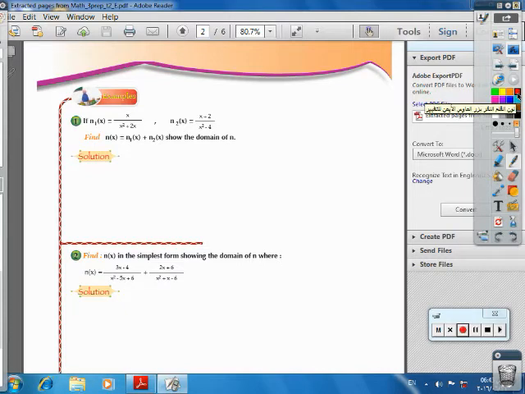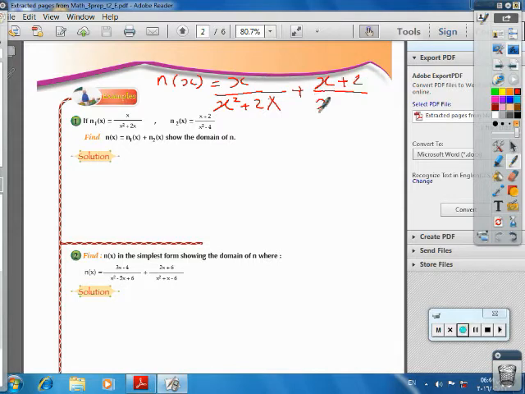First, n(x) equals x over x² + 2x plus, now we add n2, (x + 2) over x² − 4.